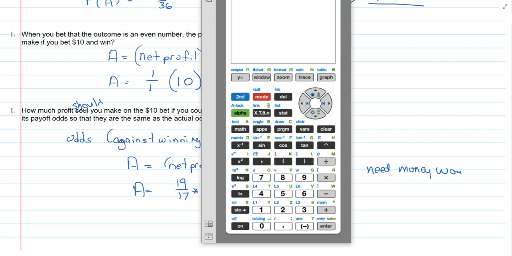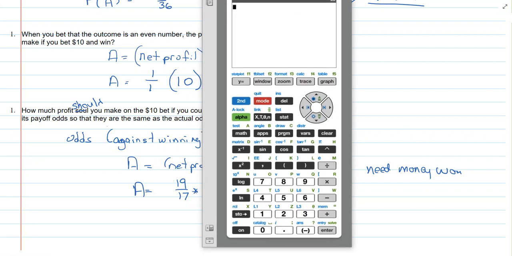So we're going to have 10 times the 19 over 17, the odds, because we're using that as our ratio.